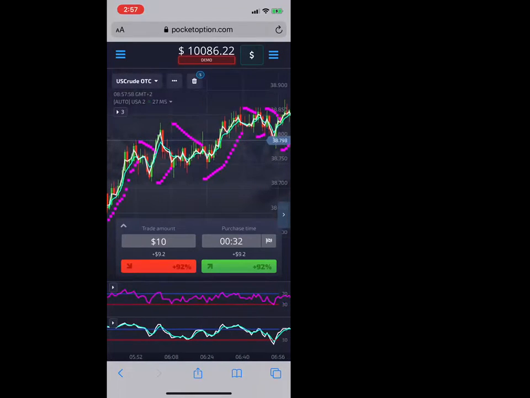All right, this strategy works on the 30-second and the minute chart. So let me break it down even more. On the 30-second, we basically do our little markups.